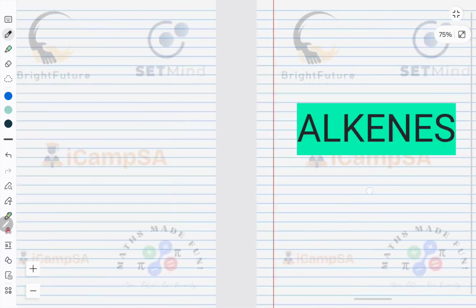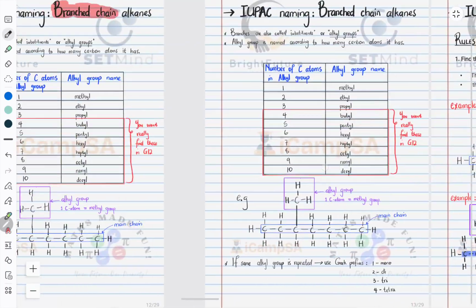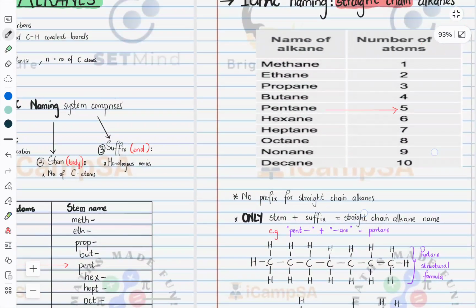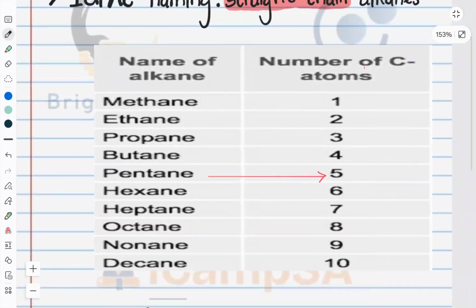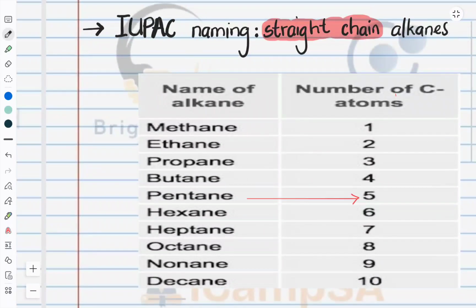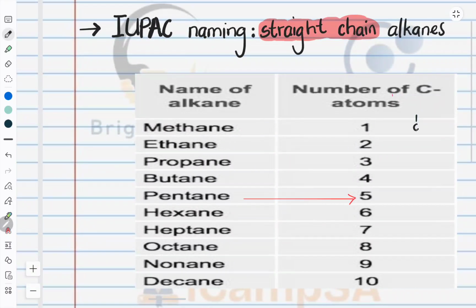Just before we do that, with alkenes we also have simple alkenes, and they behave similar to the simple straight chain alkanes. If you remember, we would count the number of carbon atoms in that simple alkane and then give it the name. If it has 1, it would be methane, which looks like C, or simply CH3 in condensed structural formula, all the way up to decane.